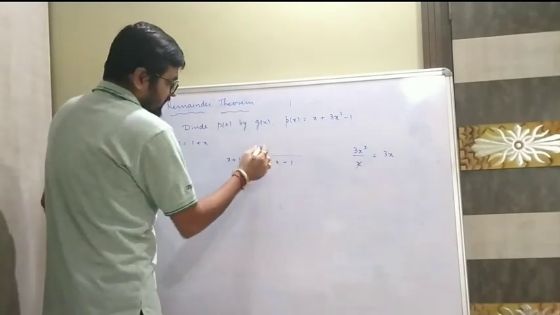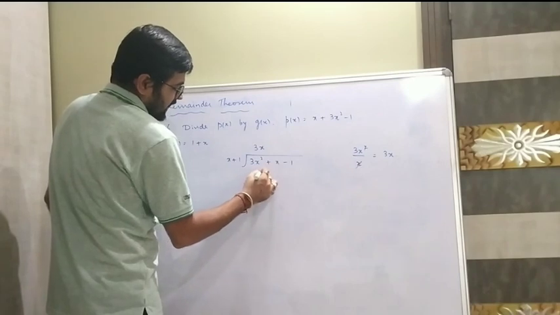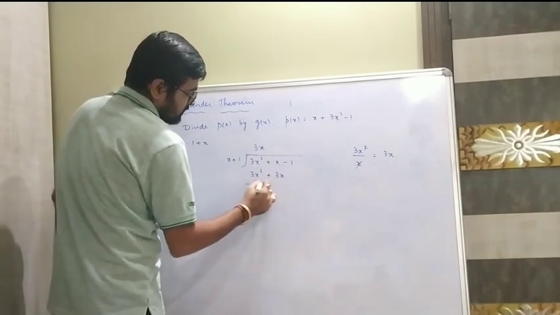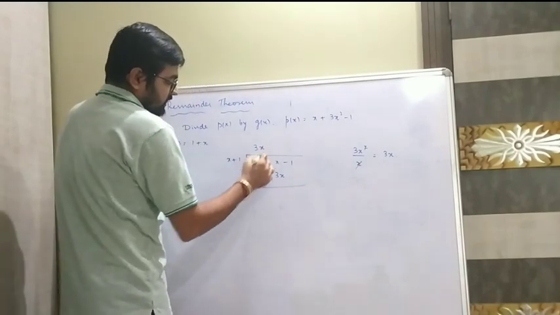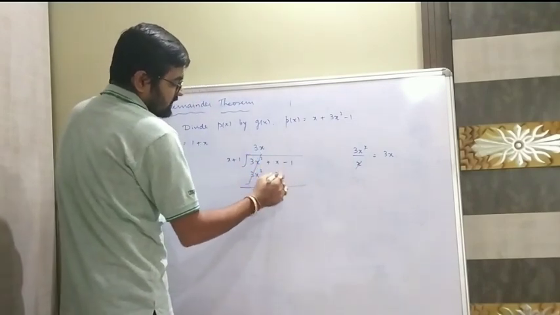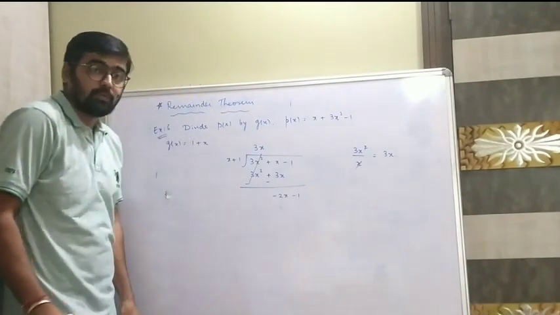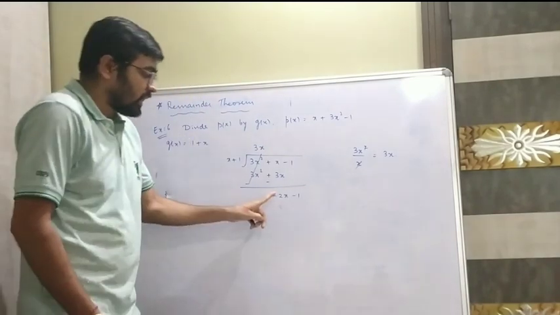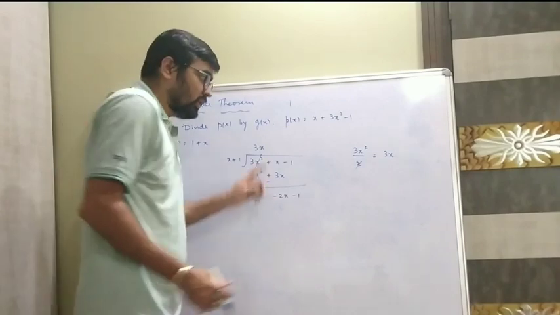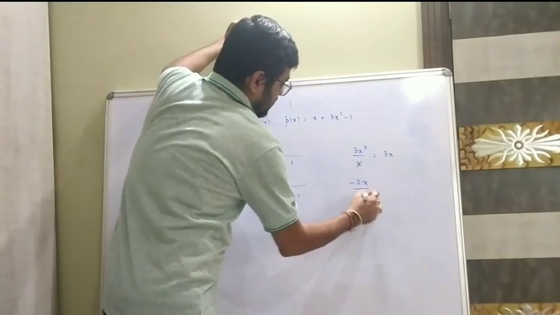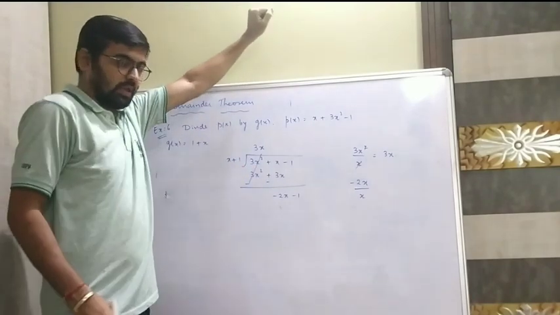So if I multiply 3x times x, it becomes 3x square. 3x times 1 is 3x, minus this. These two get cancelled. x minus 3x will be minus 2x, minus 1. Simple. Then again take the first term of this new dividend, which is minus 2x, and the divisor is x.